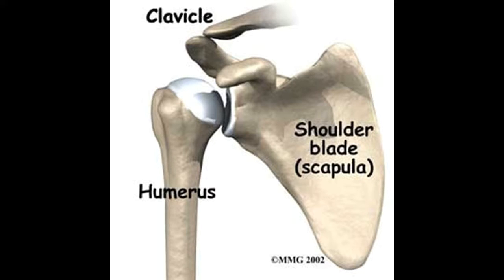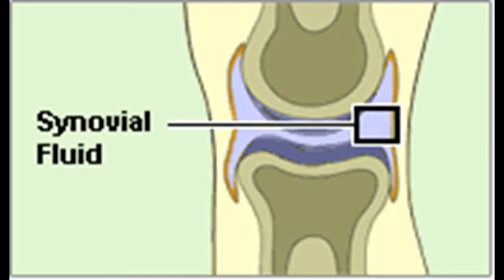An example is the ball and socket joint found in your shoulder. Ligaments are tough bands of connective tissue that hold the bones together in the joints. The bones are covered by synovial fluid, which lubricates them and keeps them from damage caused by friction.